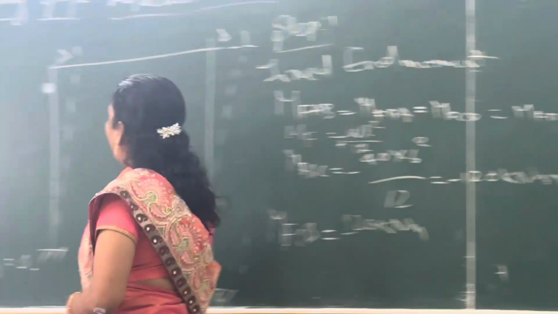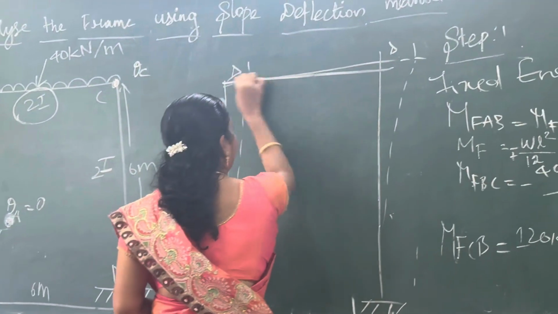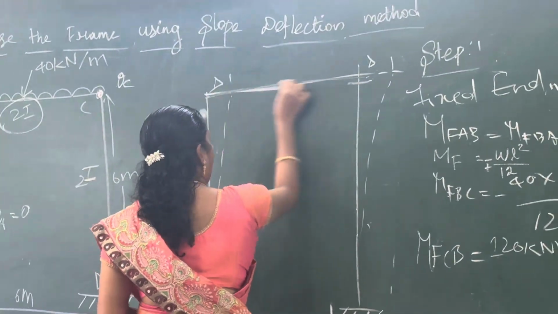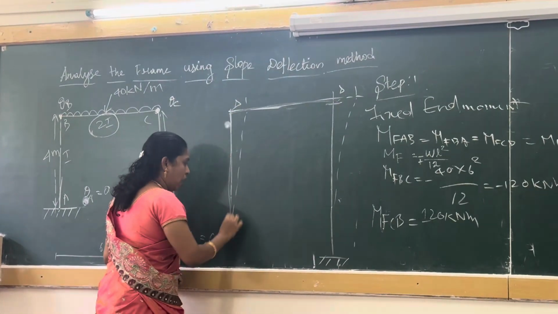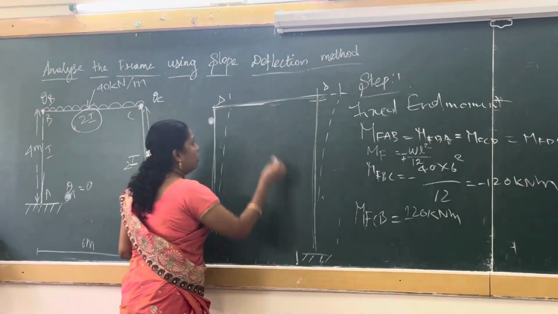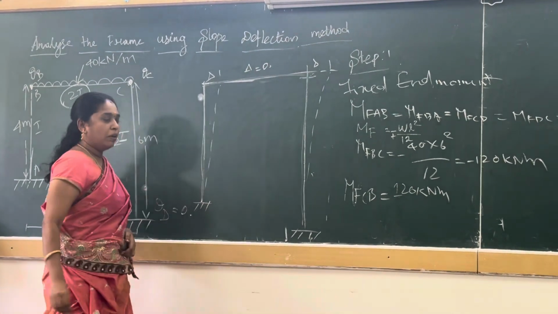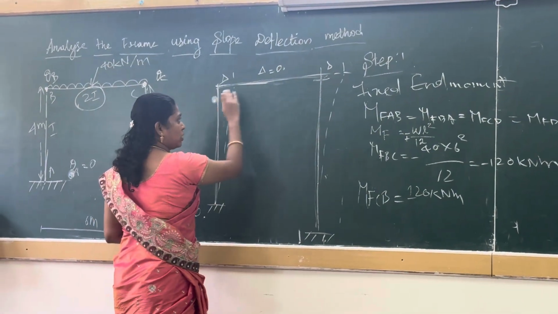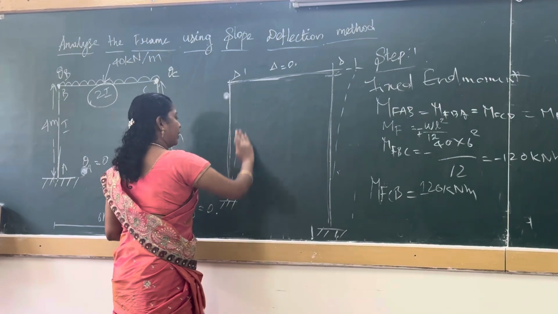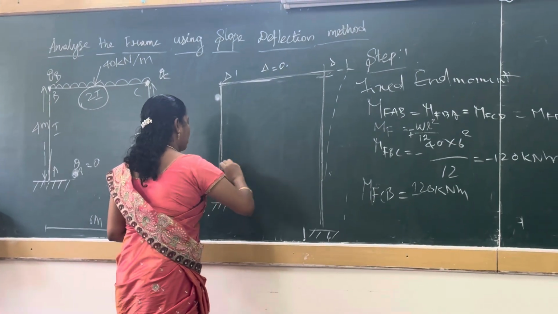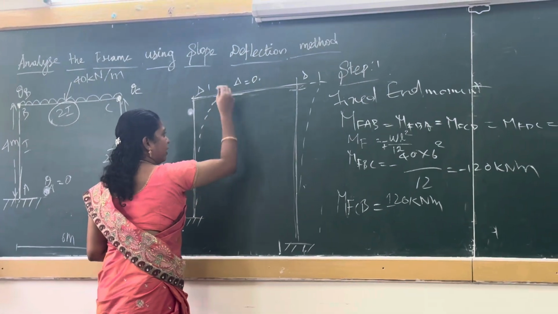It is the horizontal span. The sway will occur only in the column, not in the beam. So here the del value will be 0. There is no deformation or displacement in the beam. The deformation will occur only in the column.